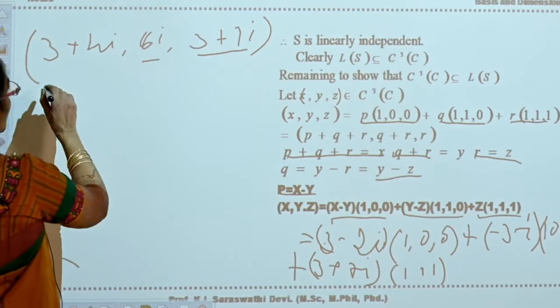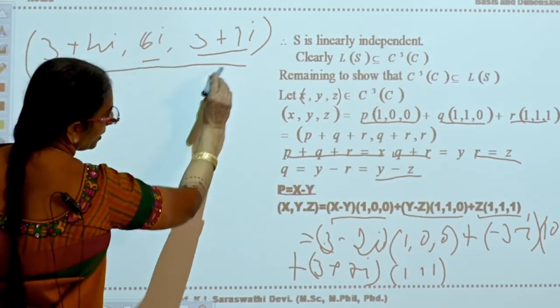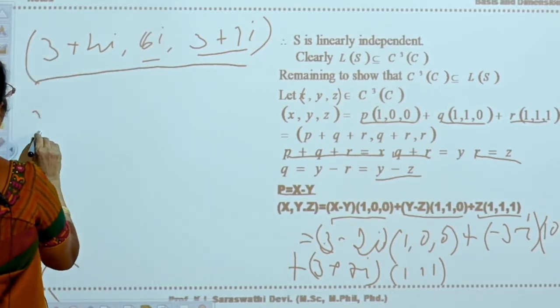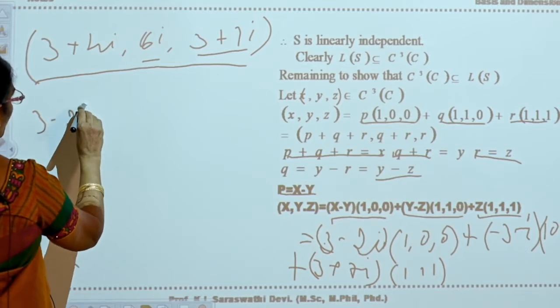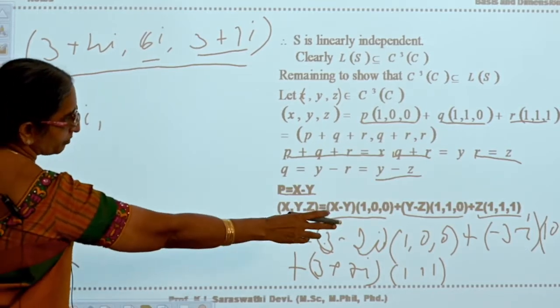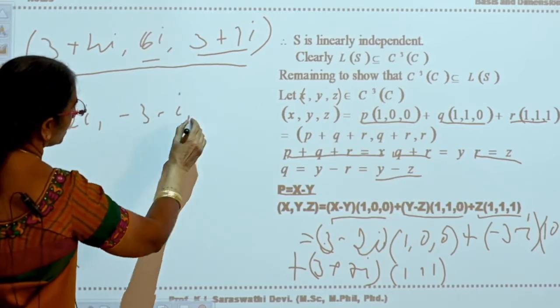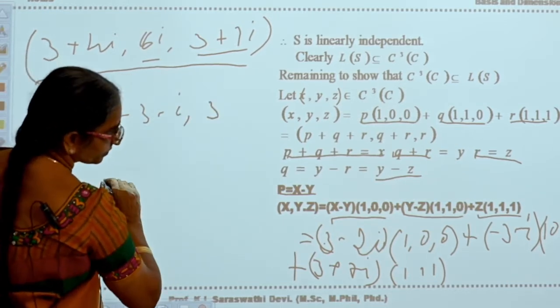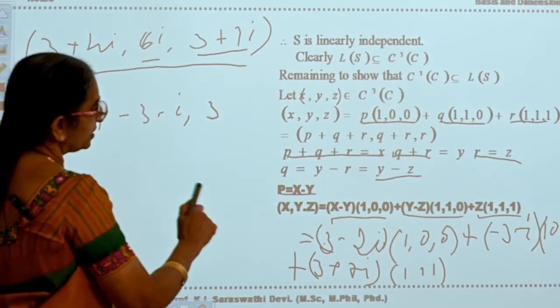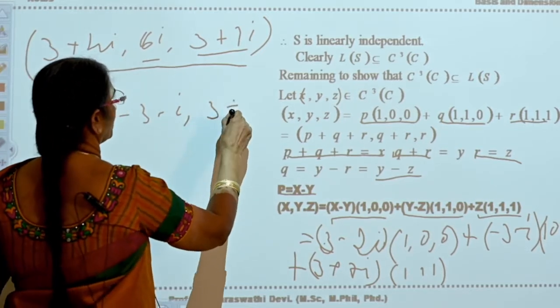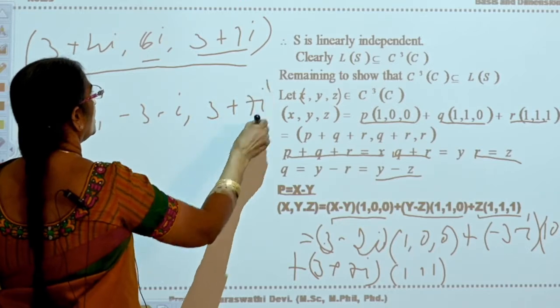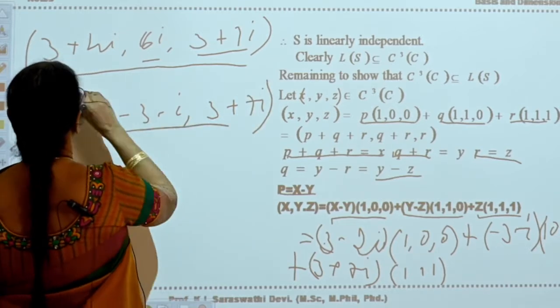So, the coordinates of this vector will be 3 minus 2i, comma, minus 3 minus i, comma, 3 plus 7i. Okay. These are the coordinates of this vector.